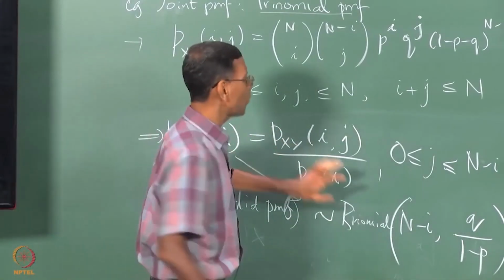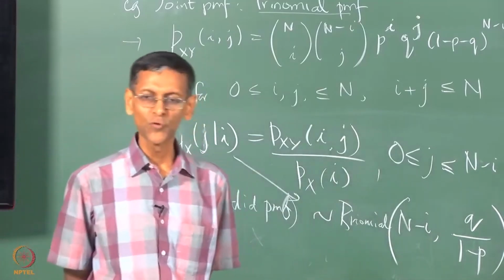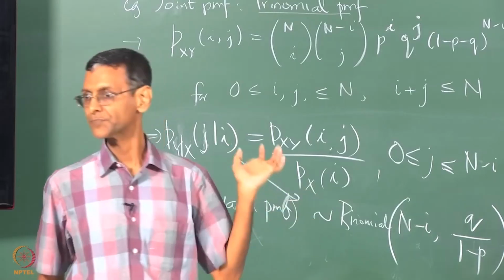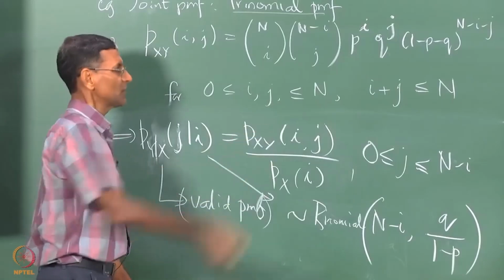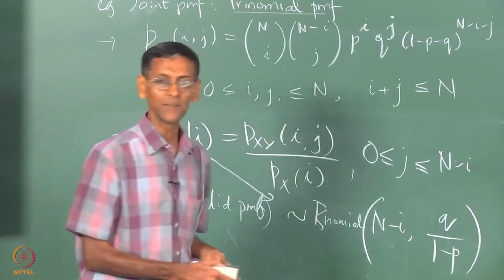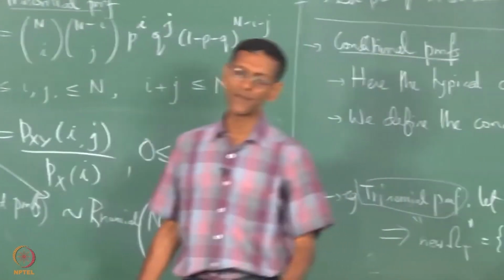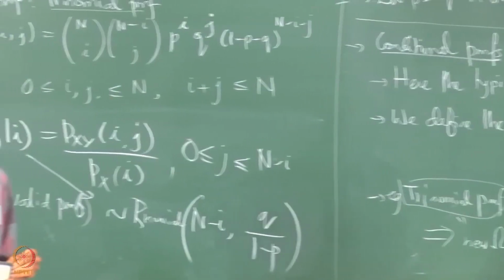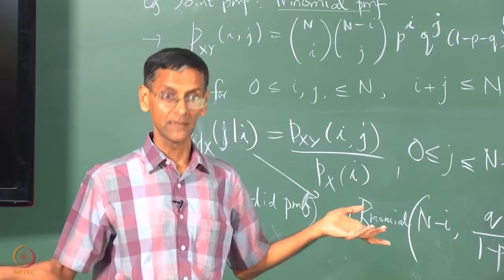So just to point out how this trinomial example is so useful in conveying all these concepts, that is why we take it up in some detail. Of course, the concept is far more general, and that is also very important. In general, these conditional PMFs or conditional PDFs will keep coming up a lot in probability, because it says, for example, given that the height is something, what is the distribution of the weight?